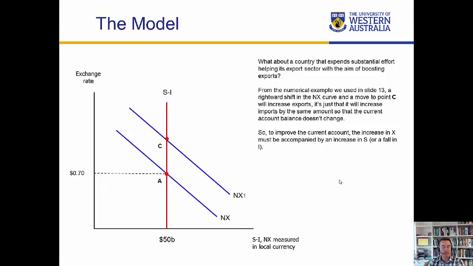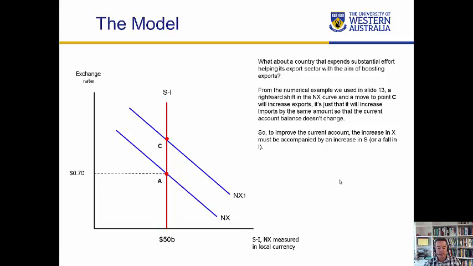Let me say that again: at point C relative to point A, there will be a higher level of net exports following this rightward shift in the NX curve. We learnt that from slide 13, and there will be a higher level of imports as well.